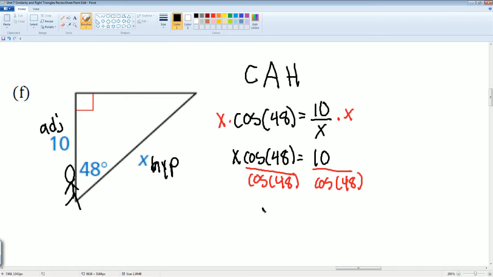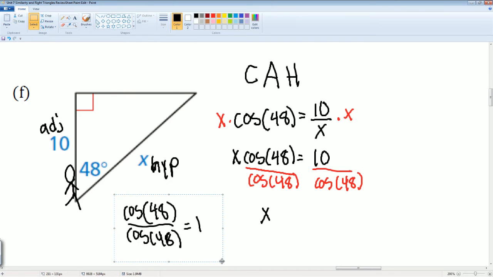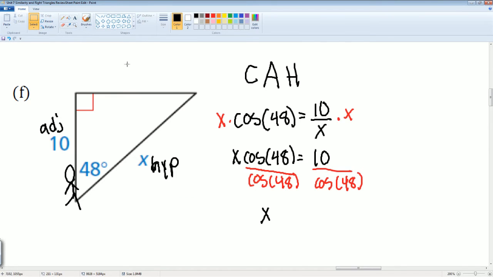I get x because cosine 48 divided by cosine 48. Remember, anything divided by itself is just equal to 1. That's why this becomes 10 divided by cosine 48.